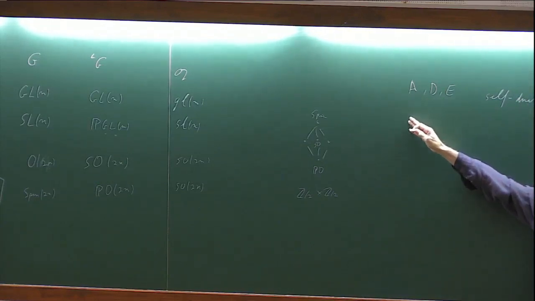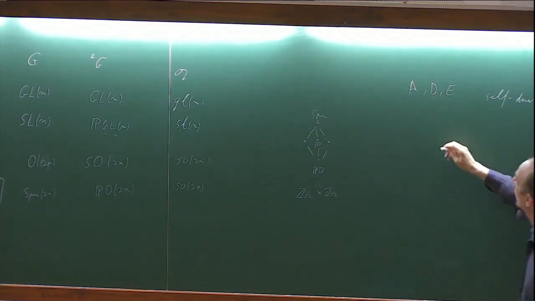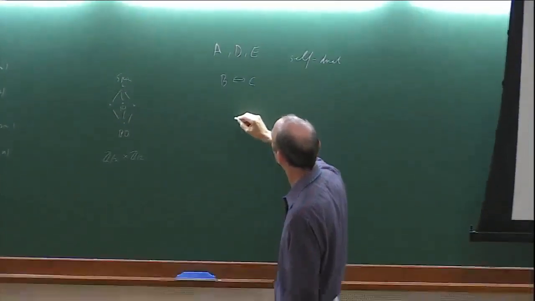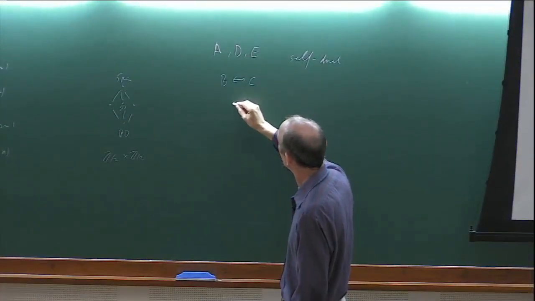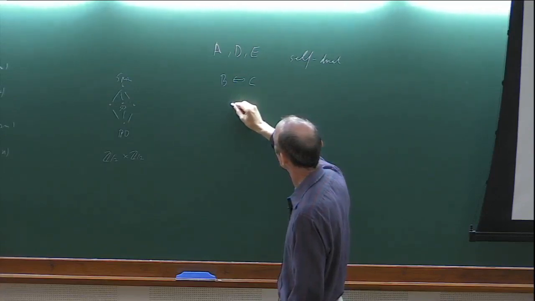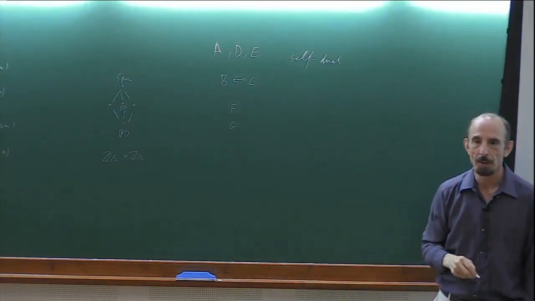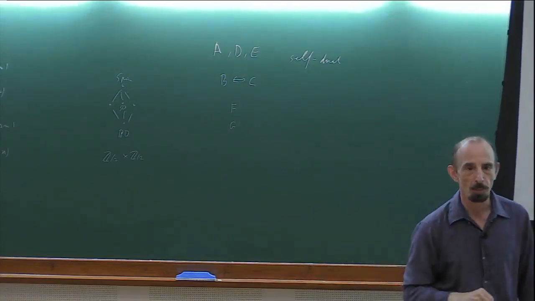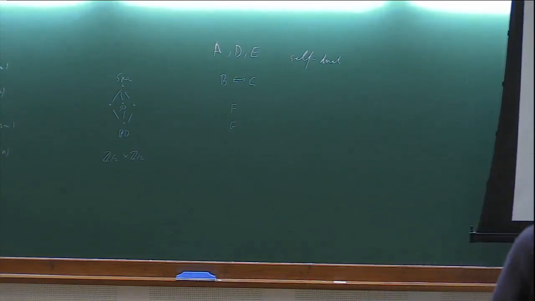And always the simply connected group goes to the adjoint group and various things in between. And then B goes to C. And for F and G, something slightly funny happens. They each go to themselves, but in a non-trivial way. I might say a little more about what's funny about F and G later on. Okay.